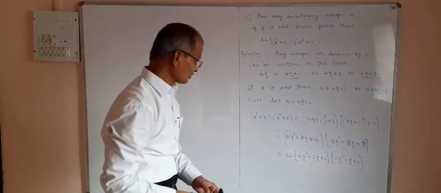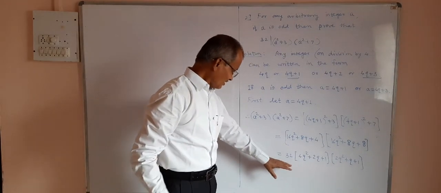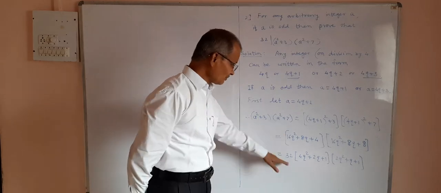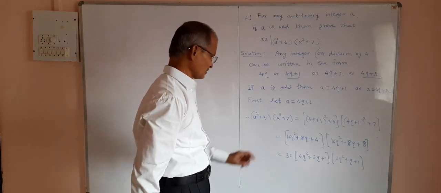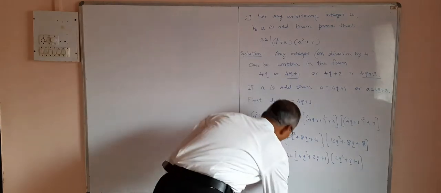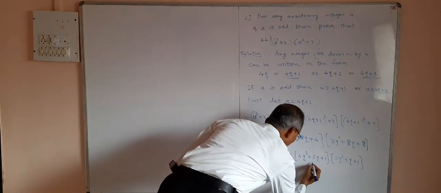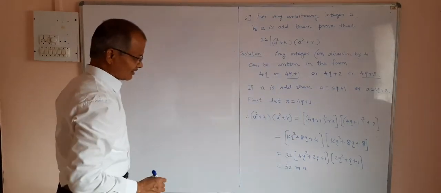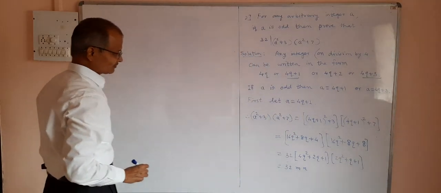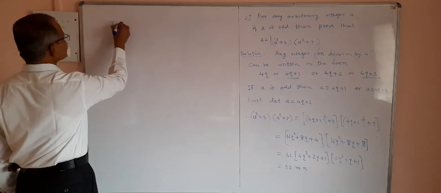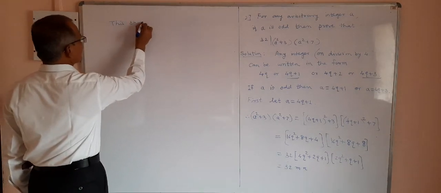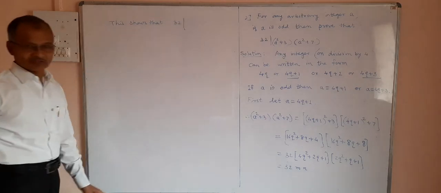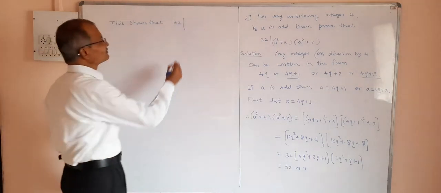And thus 32 is a divisor of this expression. So this is a multiple of 32. Suppose this number is m and this number is n. Therefore 32 divides, so this shows that 32 divides (A square plus 3) into (A square plus 7).